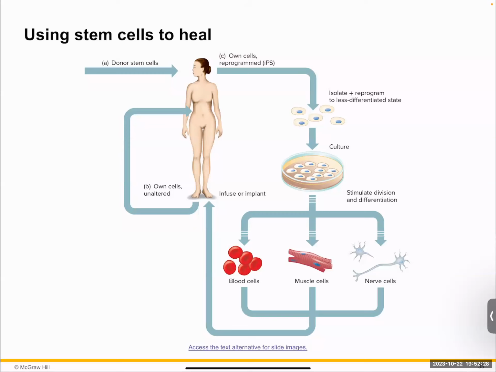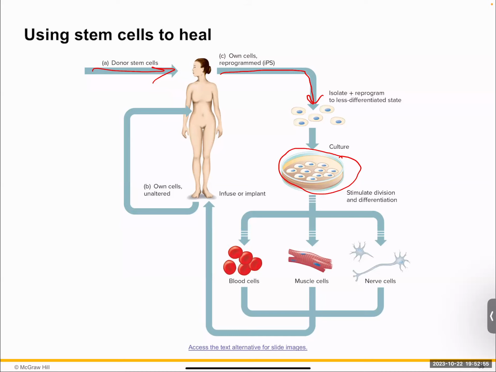Here is a depiction of what we have talked about in terms of cells. I like this image because it shows that on the top one, you're providing donor stem cells, and then donor stem cells or your own cells can be reprogrammed to form a specific type of cell. This type of cell is pluripotent. In this case, they differentiate into either blood cells, muscle cells, or nerve cells.